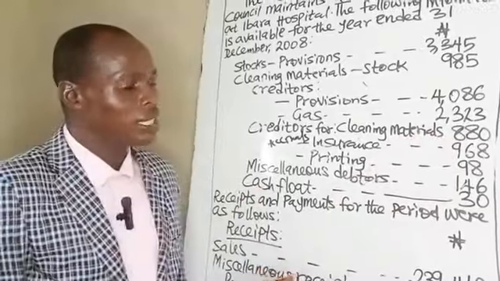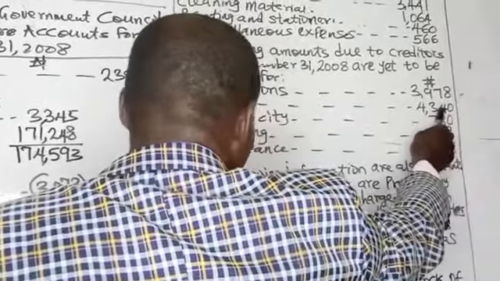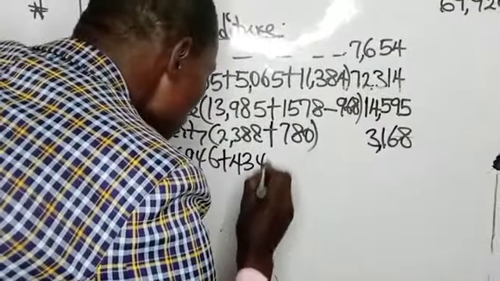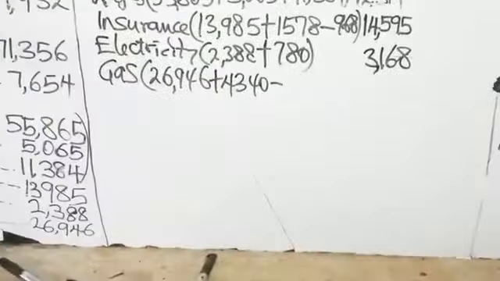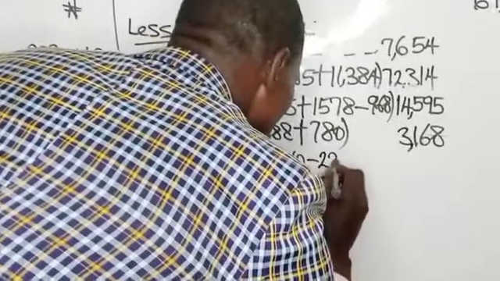Check the closing entry. If you have accruals in the closing entry, that will be added. Gas, 4,340. So this will be added. Plus 4,340. Minus opening. How much is opening? 2,323.